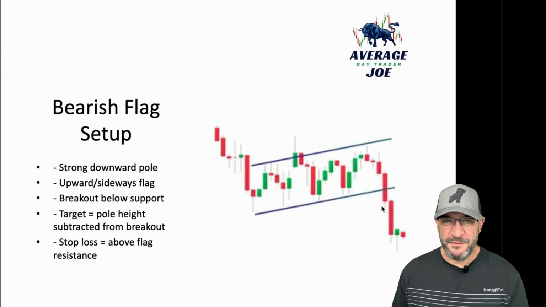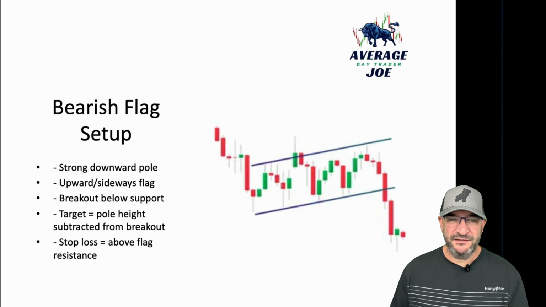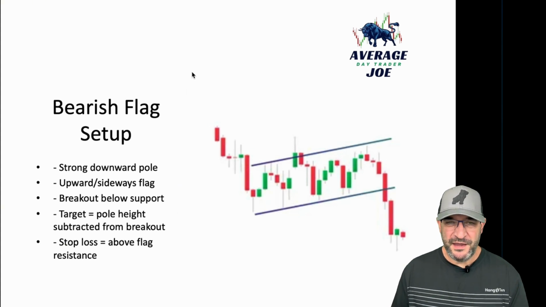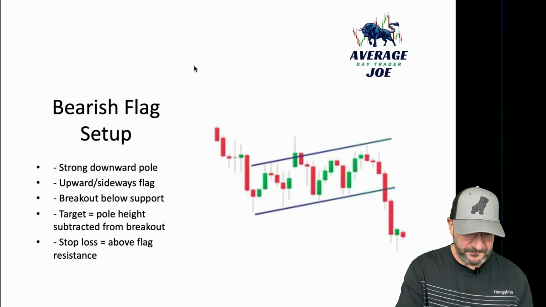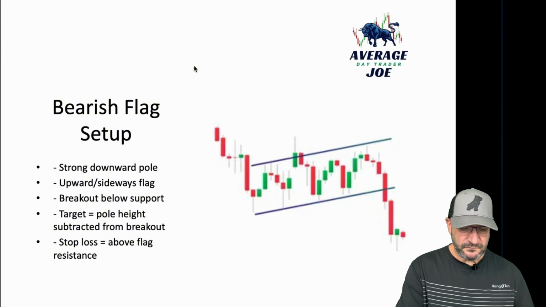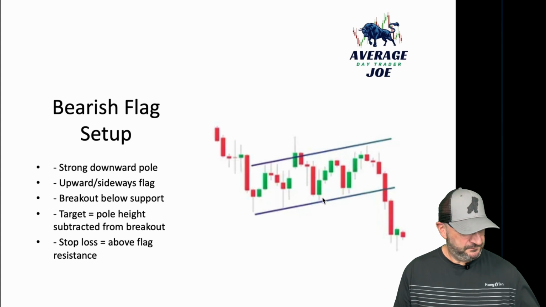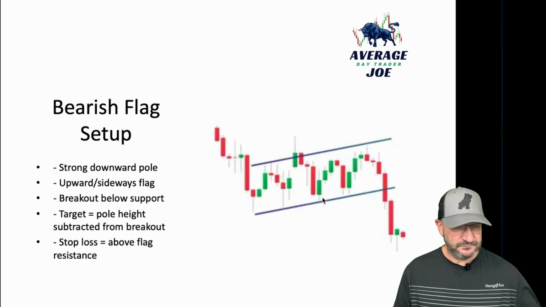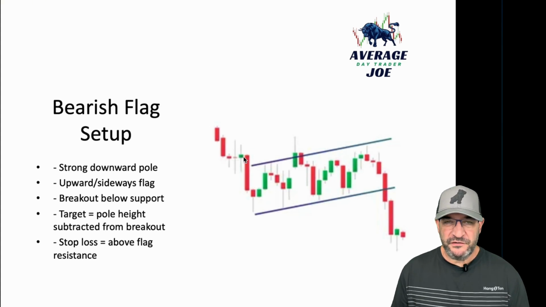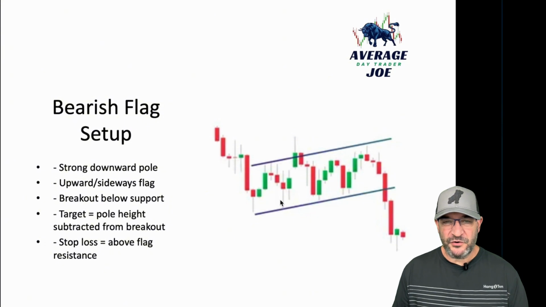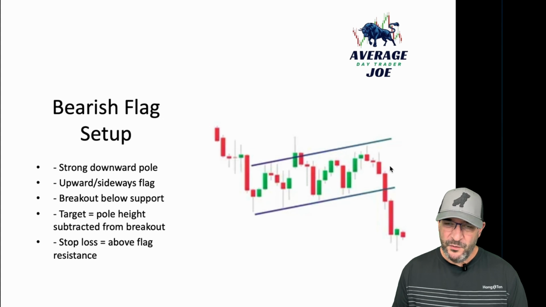Now let's talk a little bit about the bearish flag. And you can see the same thing, but in reverse. After the steep drop, the stock starts to consolidate in an upward momentum, and it's running sideways.